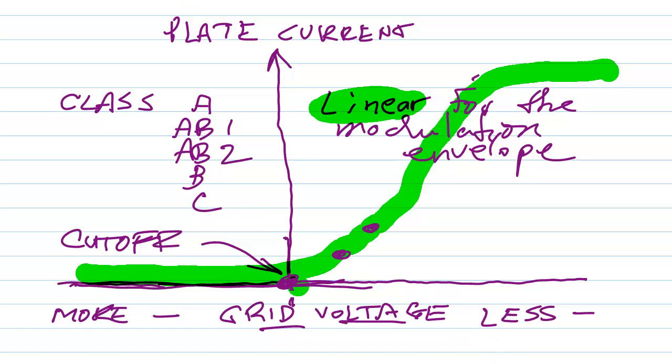Now class C, just as with the transistor, you apply a DC grid bias in such a way as to take the tube past cutoff. Then the input waveform only goes into the conduction mode for a very small part of the cycle, sometimes only a few percent of the cycle.